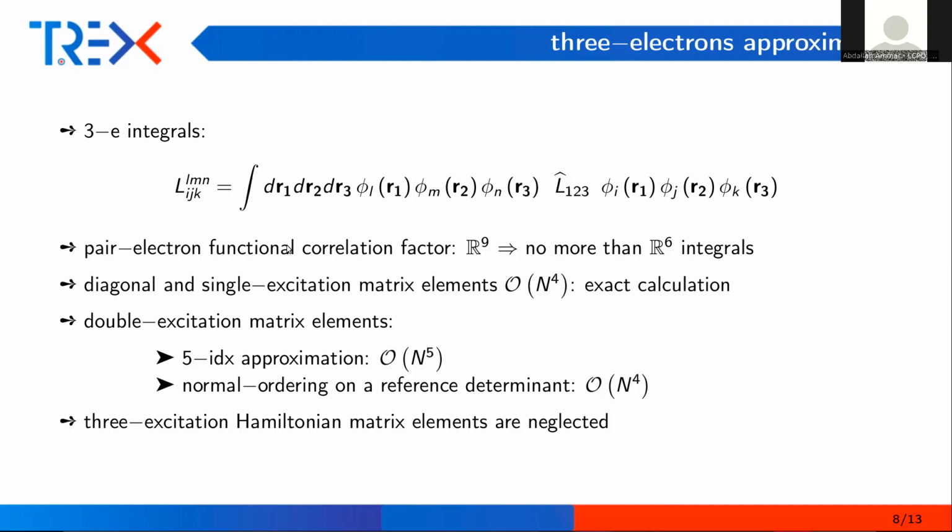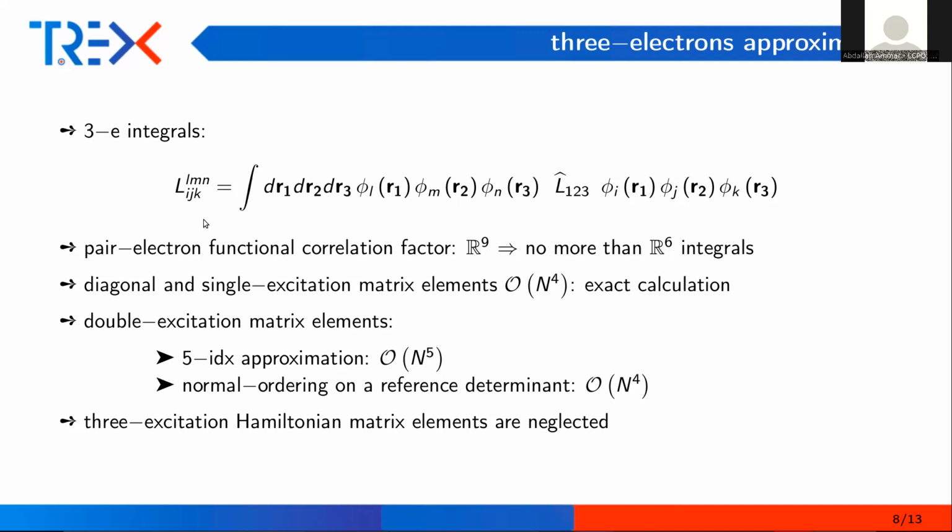But even if we are able to compute these integrals, storing this tensor quickly becomes expensive for large one-electron bases, and so we usually need to do some approximation at this level. For 0 degree or 1 degree excitation between two determinants, only four indices of this tensor are different, and the Hamiltonian matrix element can be computed exactly.